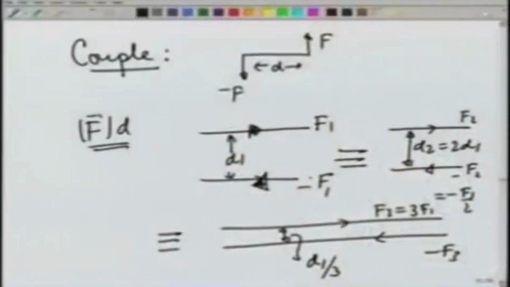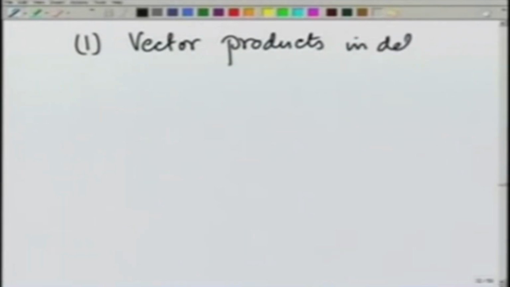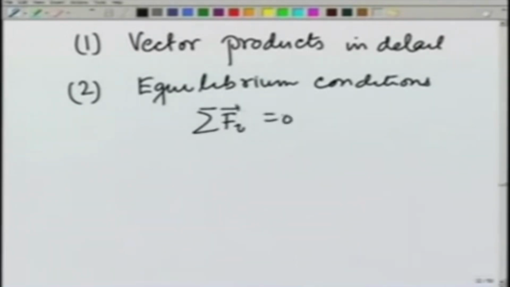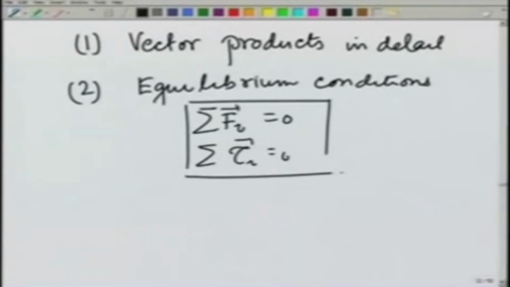So, let me just recap what we did in this lecture. One, we looked at vector products in detail. Then we looked at equilibrium conditions and found that summation F_i is equal to 0 and summation torque_i is equal to 0 are both necessary and sufficient conditions to ensure equilibrium.